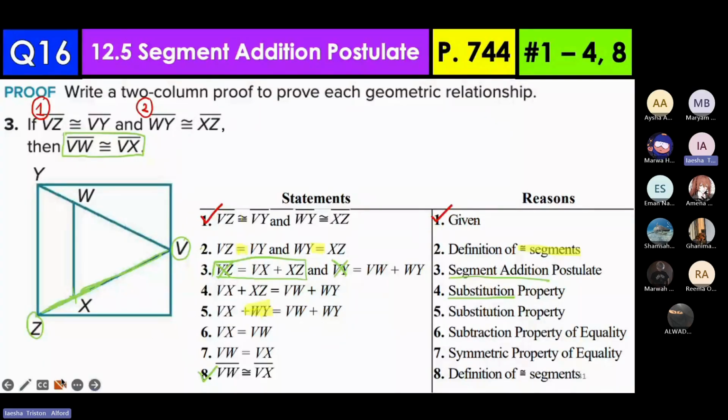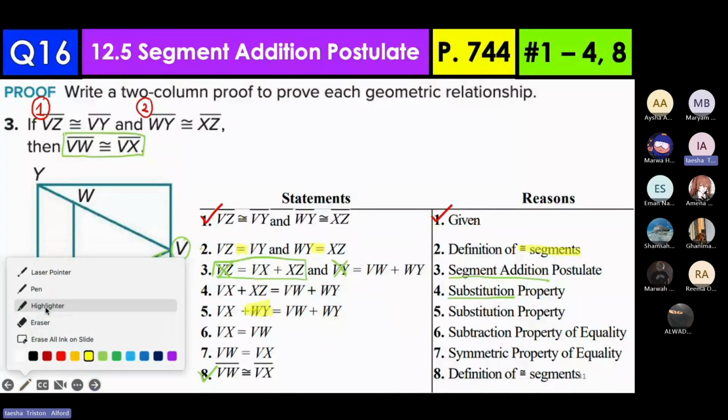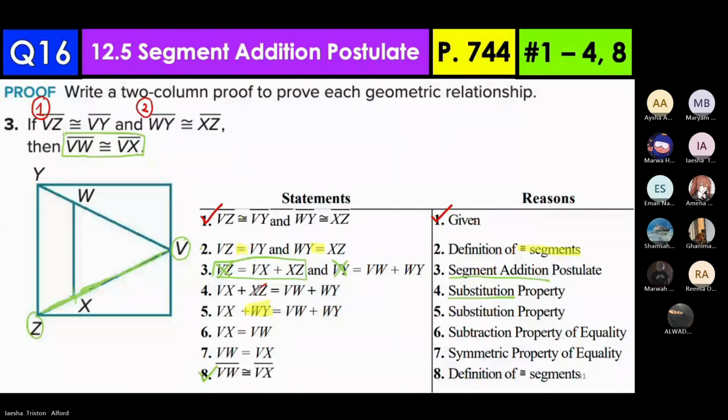I deleted the XZ. Delete this one, put this one in its place. I know that from line number 2. I can delete the XZ and write WY. Delete and replace, substitution.